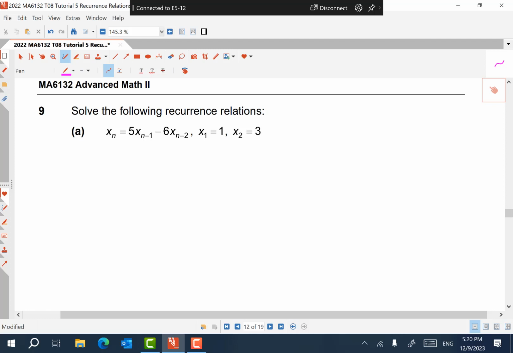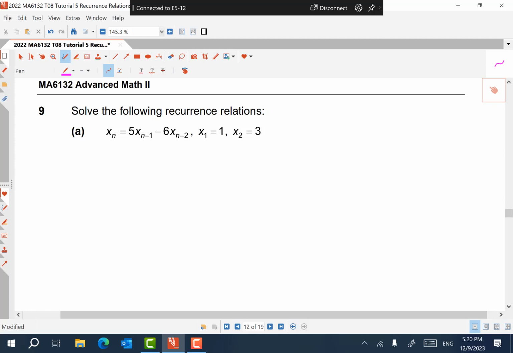Okay, for this recurrence relation, it is different from the one earlier. Jia Rui, what's the difference? The difference is, on the right hand side, apart from xn minus 1, there's also the xn minus 2.